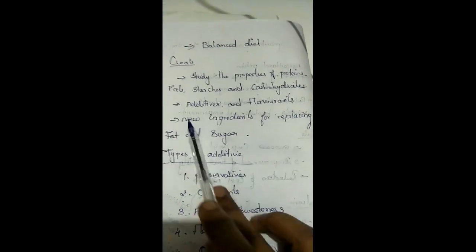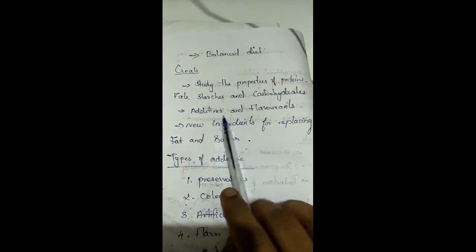We know that all the packed items we get from the shop must contain additives or flavorants, isn't it? Most of the flavorants are approved by the government, some are not. So it should not be harmful to human beings. The food chemist will have all that knowledge, and they will find new ingredients for the replacement of fat and sugar.